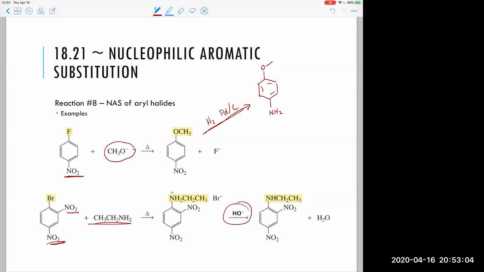Right? If I wanted to chop this off, I'd actually have to first go ahead and convert it to that diazonium salt. And then from here, I can add my, I don't remember the name, it's like hypophosphorous acid. I don't remember. Anyways, that's how I would have to chop that off if that was my end goal.